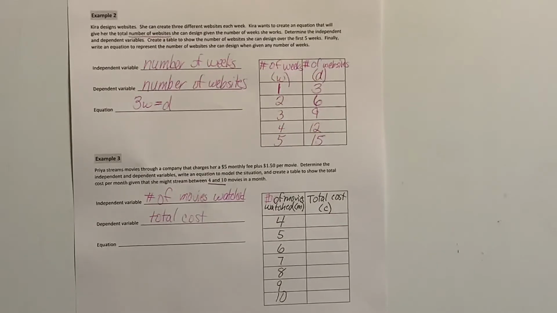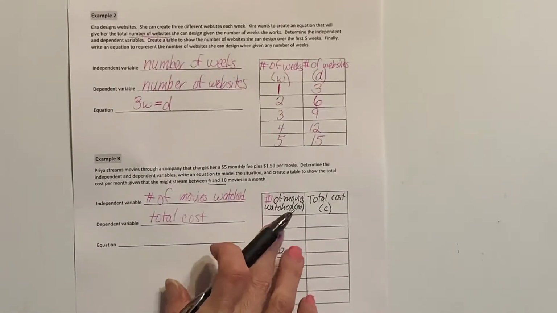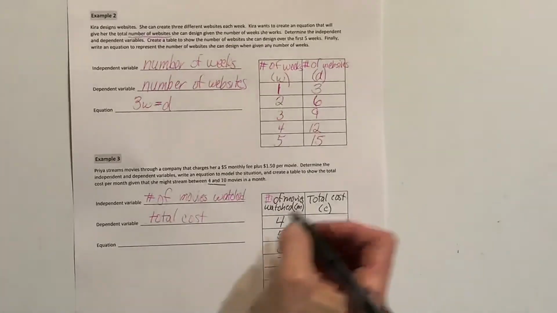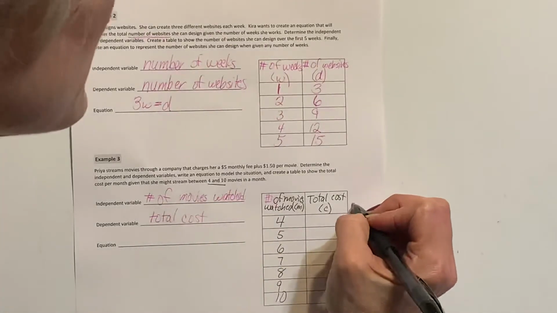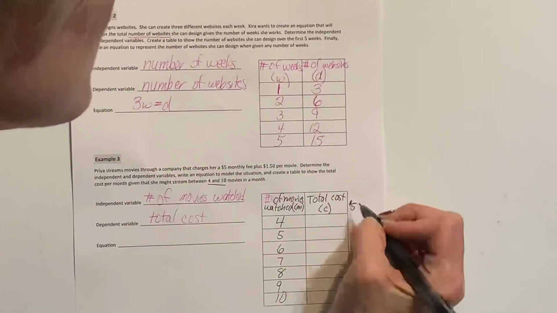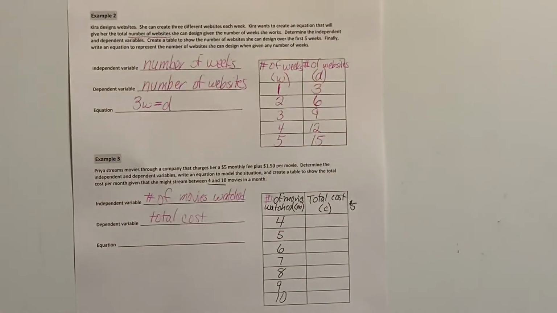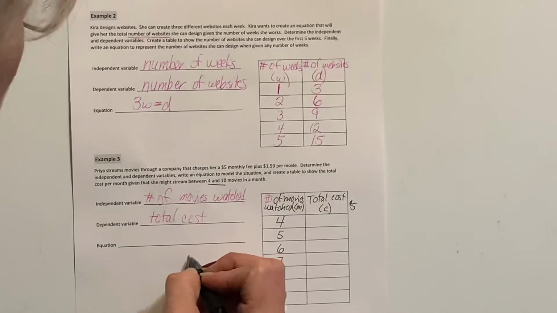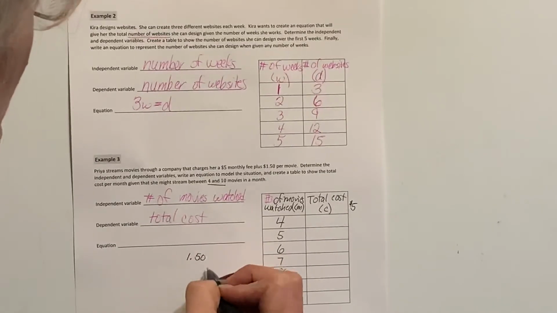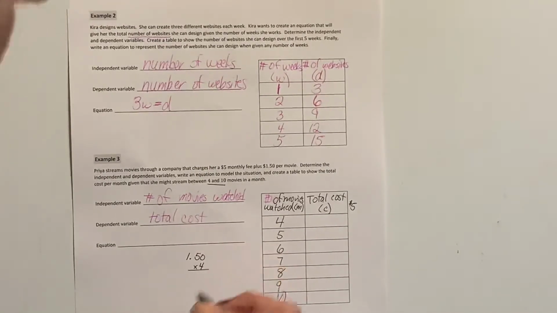So if she streams 4 movies, she's already got a $5 cost, plus $1.50 per movie. Well, that would be $1.50 times 4.